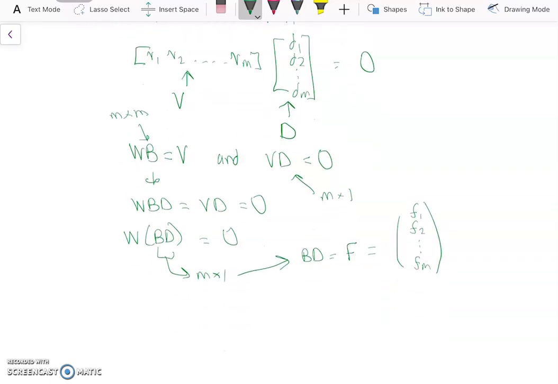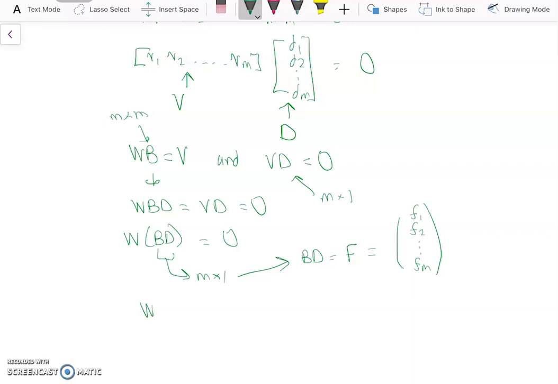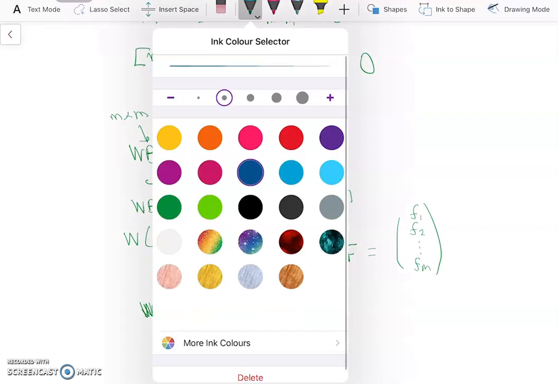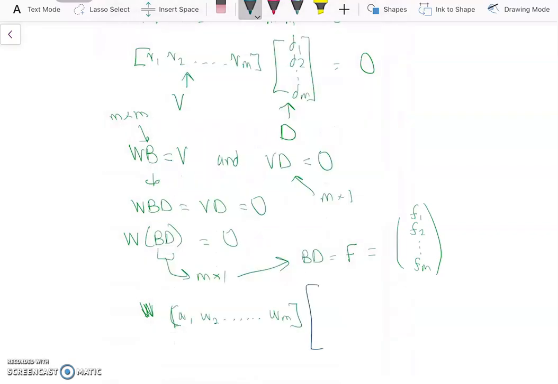So W1, W2 up to Wm times the matrix F1, F2 up to Fm is another linear combination of the W's, F1 W1 plus F2 W2 up to Fm Wm, and this is equal to 0.